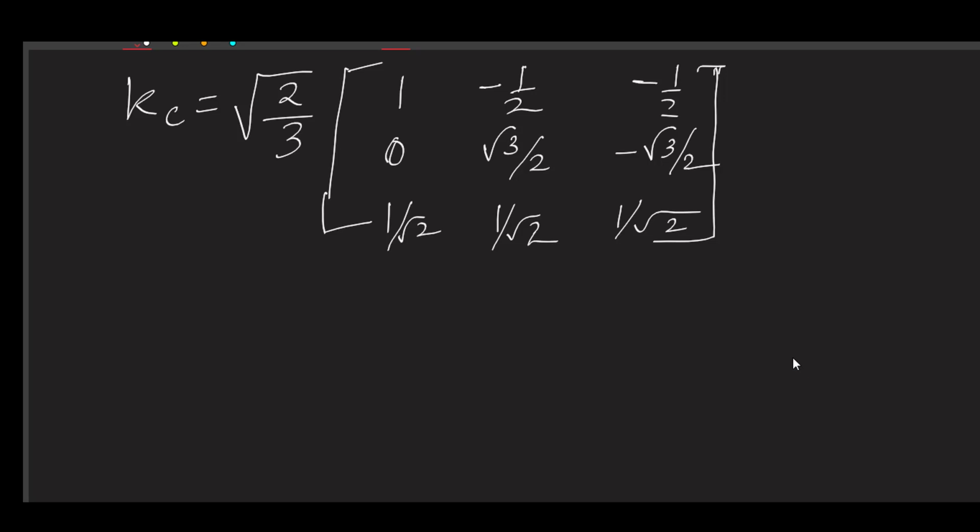This converts the ABC referred column vector to the alpha, beta, gamma reference frame, and the vector must be pre-multiplied.